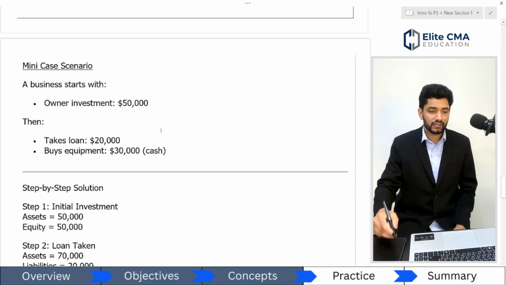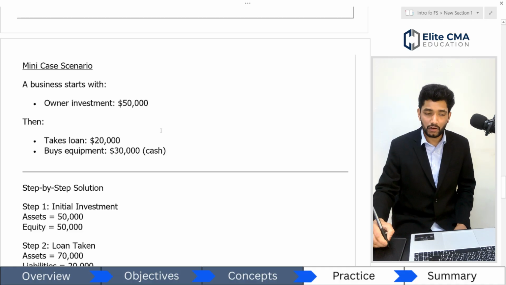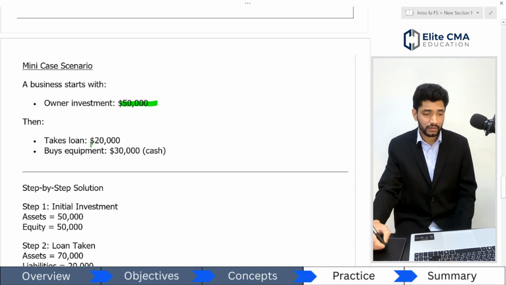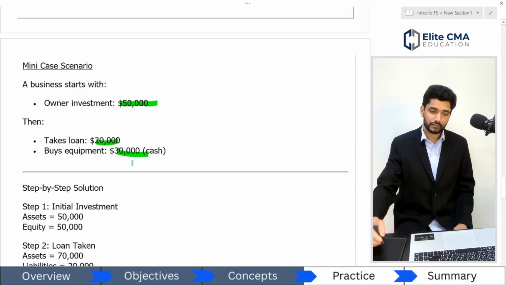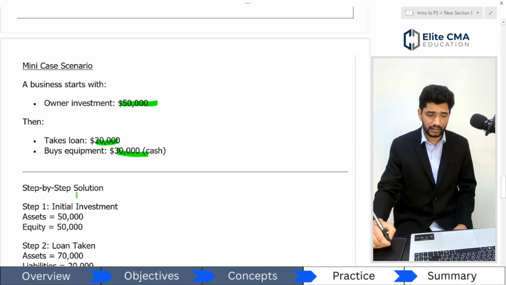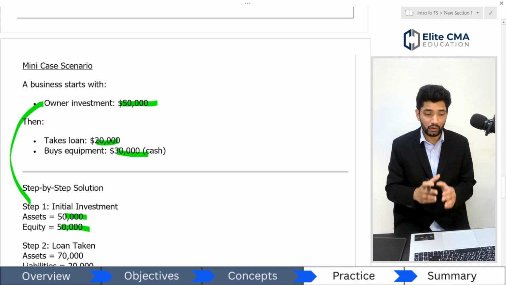Just look into this case. A business starts with owner investment of 50,000, loan taken 20,000 and buys equipment 30,000 for cash. So in the initial transaction, owners contributed 50,000, asset will increase 50,000 and equity also gets increased 50,000. Then step 2, loan taken.